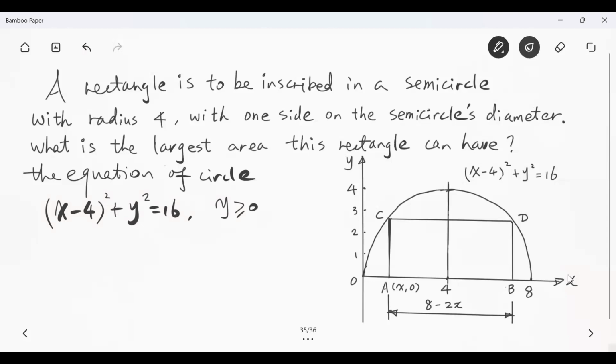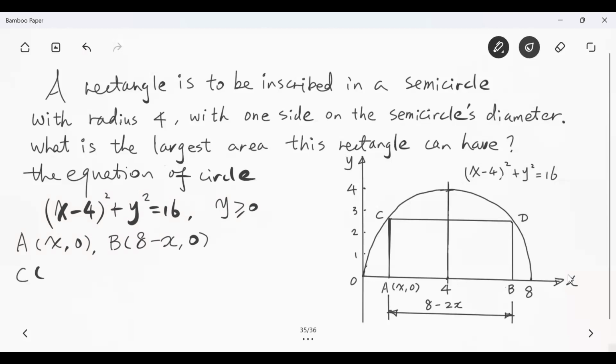Then we get the 4 endpoints for the rectangle. A is (x, 0), because the diameter is on the x-axis. B is (8 minus x, 0), because the diameter is 8, right?